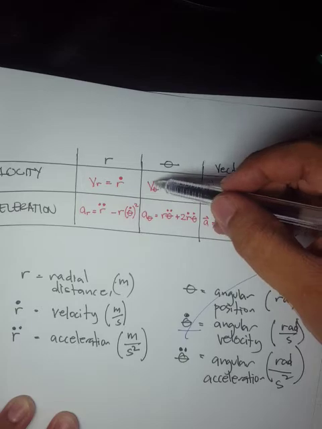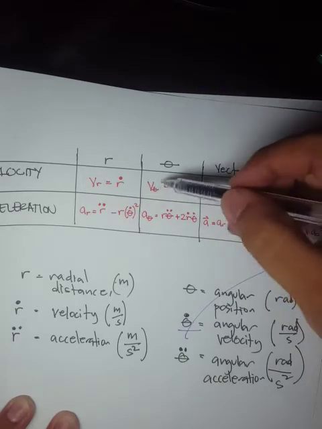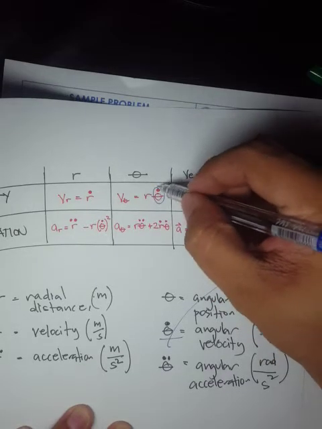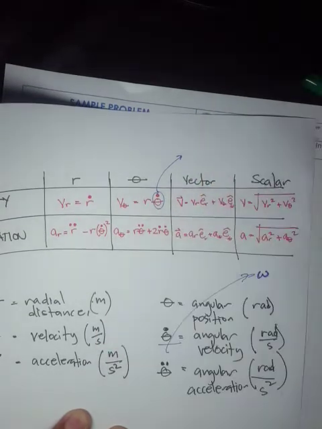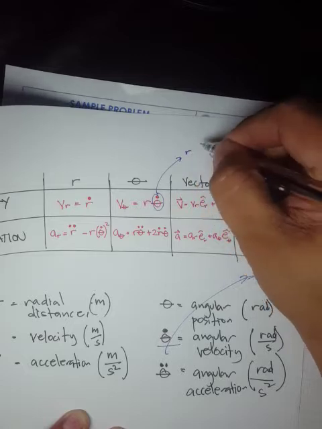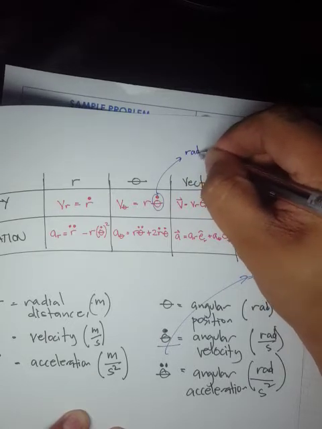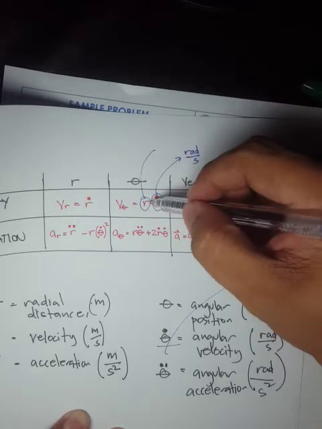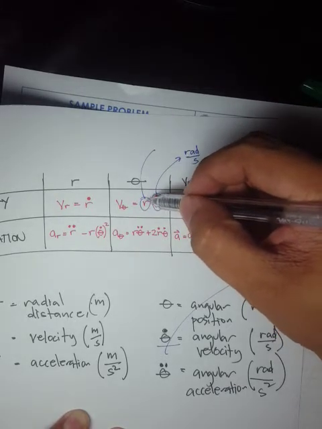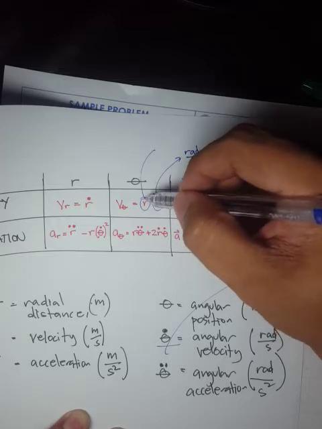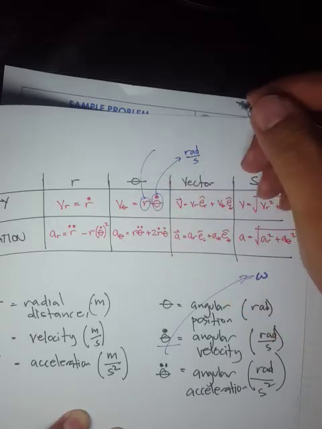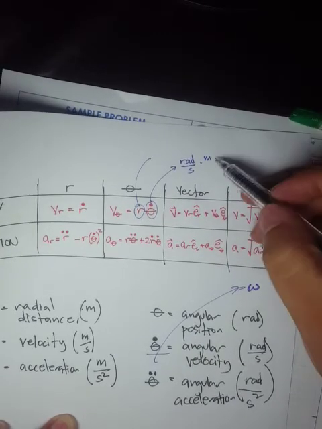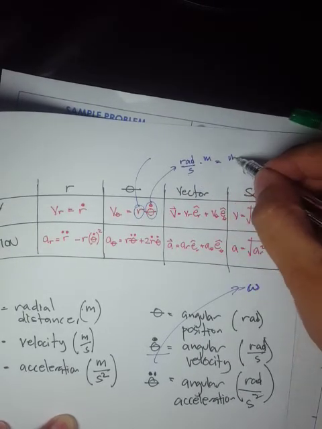Now how about the angular velocity? For this one, notice that, as we said, it's radians per second, right? But notice it's multiplied by our linear radius, so this radius is in meters. So our unit would be meters per second.